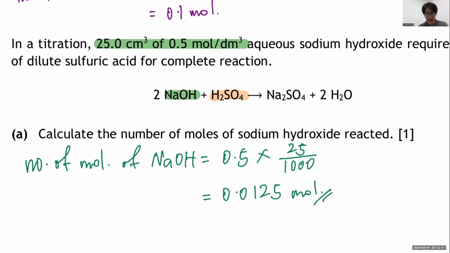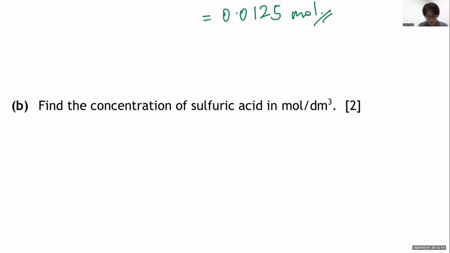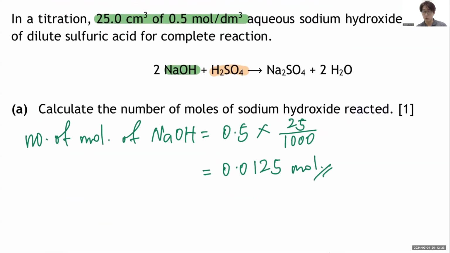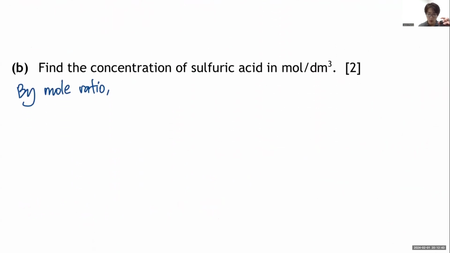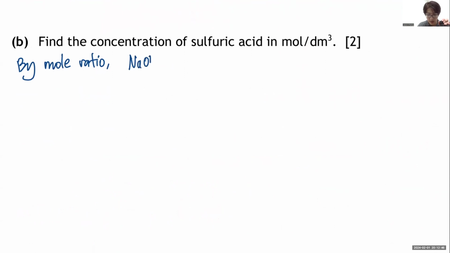Oh. Hang on, mole ratio first. Which one? Oh, question 2. Is that? That's why I say important. Can? So let's go. So by mole ratio, I have NaOH to H2SO4, 2:1.